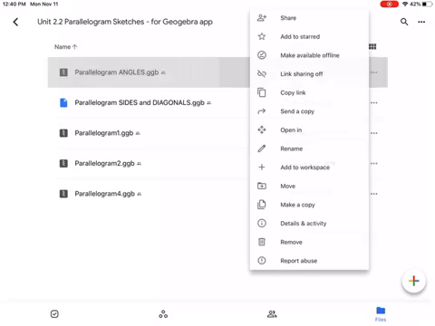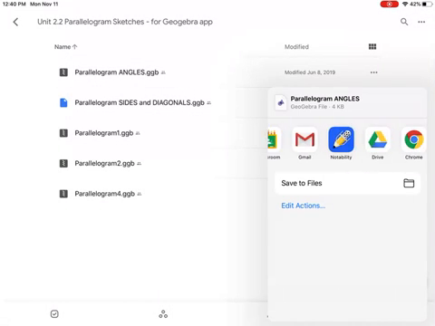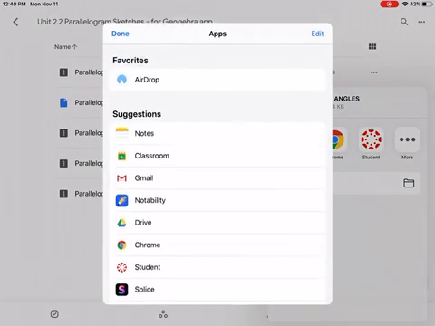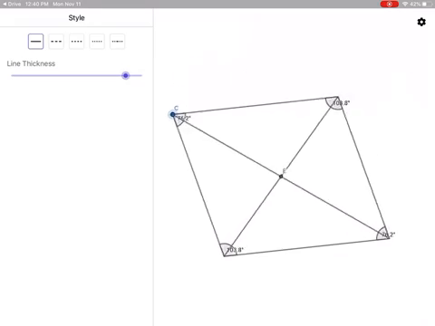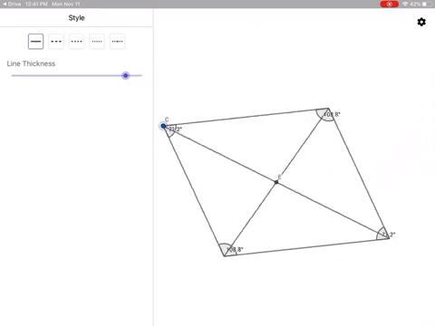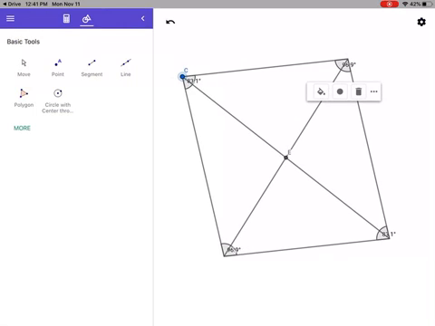We can look at the angles of a parallelogram. We'll just open this up in Geogebra. These are available for you, by the way, in our Canvas course. What I want you to notice here is that this maintains its properties of a parallelogram. And look at the opposite angle.